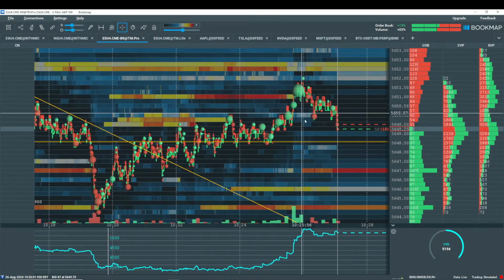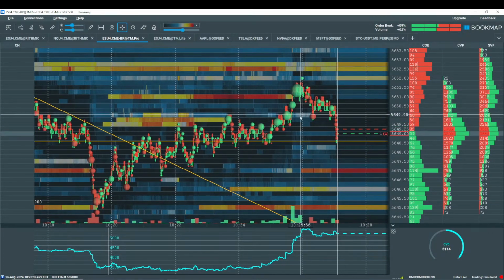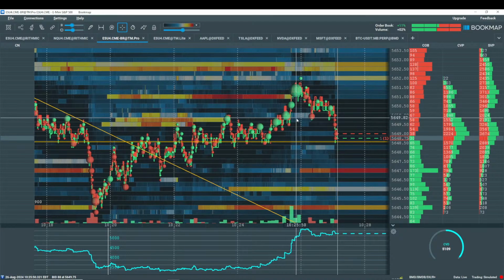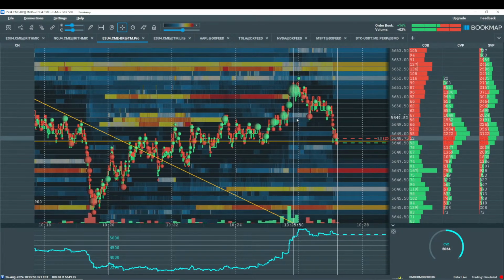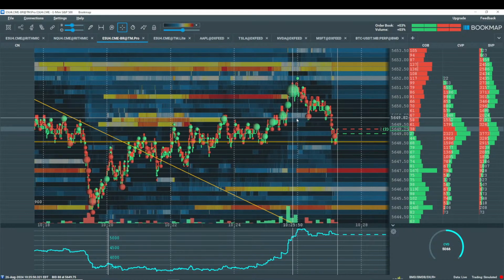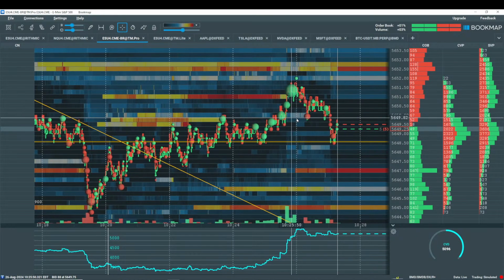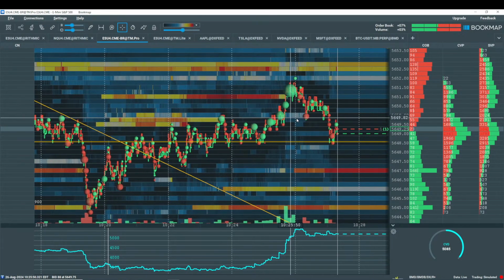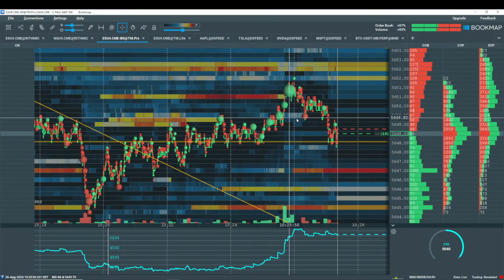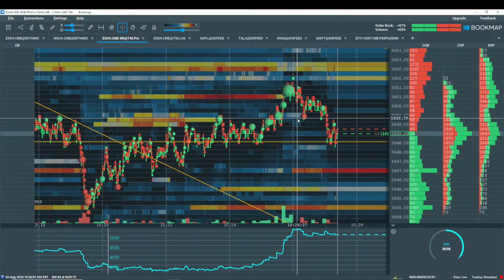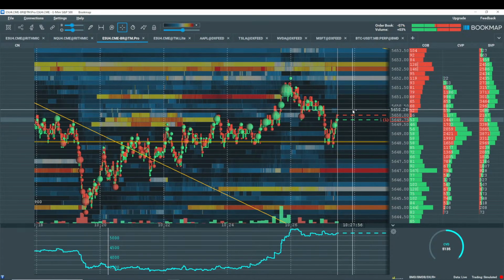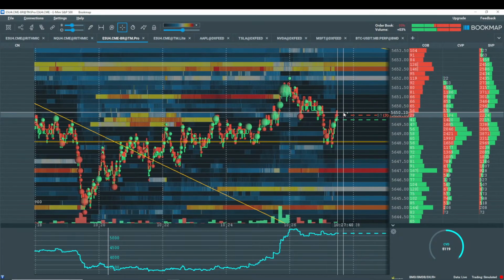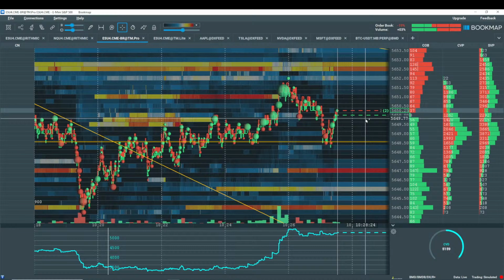So let's see, we're getting our pullback here from that buy side. All right, let's see if we can get our buyers back up here again above 50.